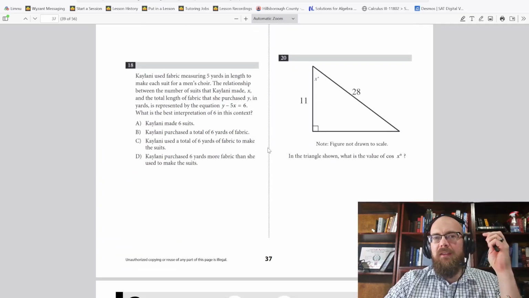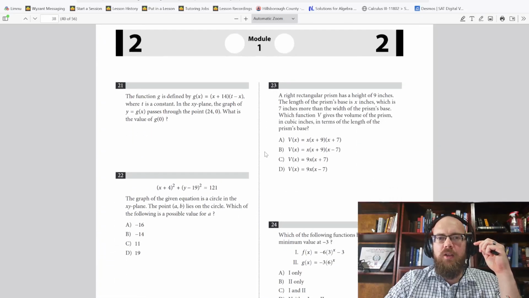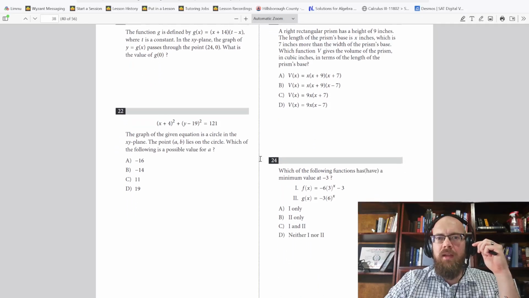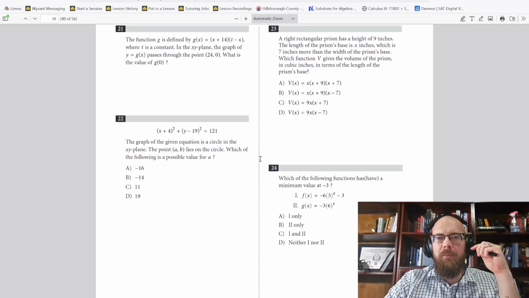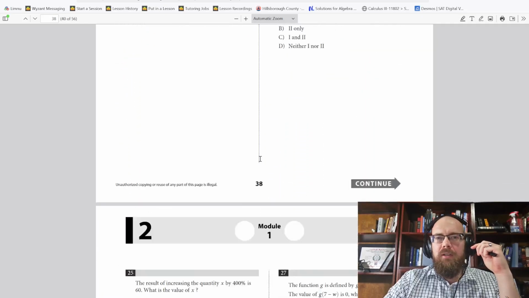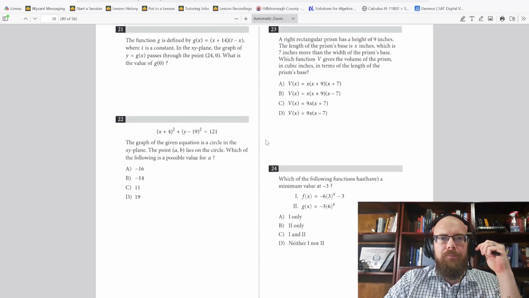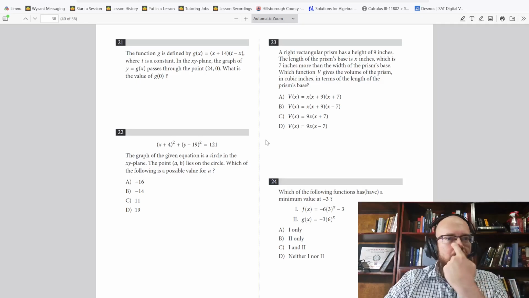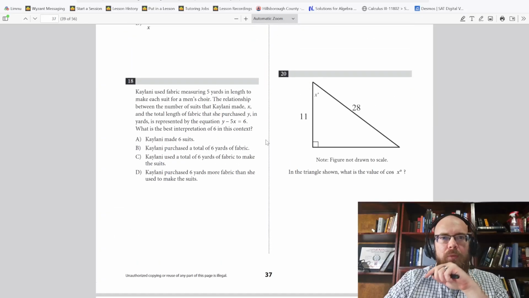If you feel like you're not completely confident in the answer choice that you picked, then I would definitely mark it and come back to it later. I didn't feel like any of them were that way. Some of them could have been worded better. The only one I thought was worded kind of weird was, I forgot what it was, possible value of A. There was one that was worded kind of weird.